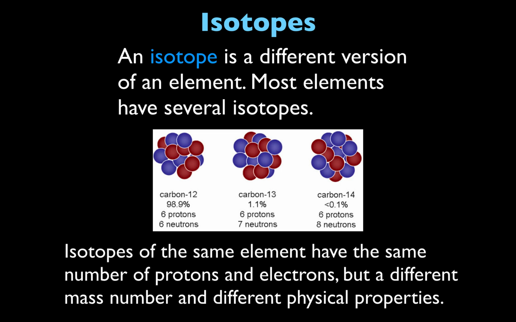Now, all these isotopes of carbon have the same number of protons and electrons, but they have different mass numbers, and therefore these different isotopes have different physical properties. Carbon-12, 13, and 14 are all very different from one another. Even though they're all carbon, the fact that they are isotopes of one another makes them have different properties.